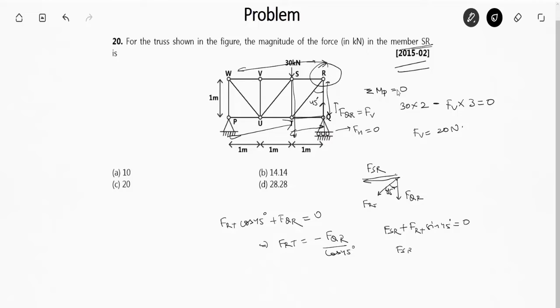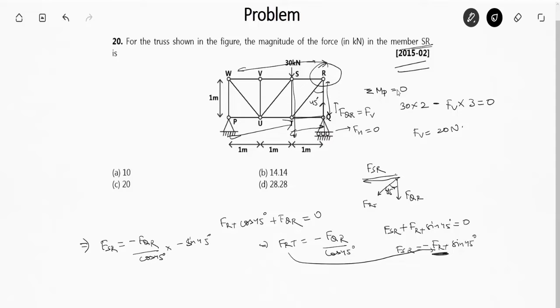So F of SR can be written as minus of FRT into sine of 45 degree. See friends, FRT can be replaced here, so we can write it as F of SR equals to minus of F of QR upon cos of 45 degree into minus of sine of 45 degree.